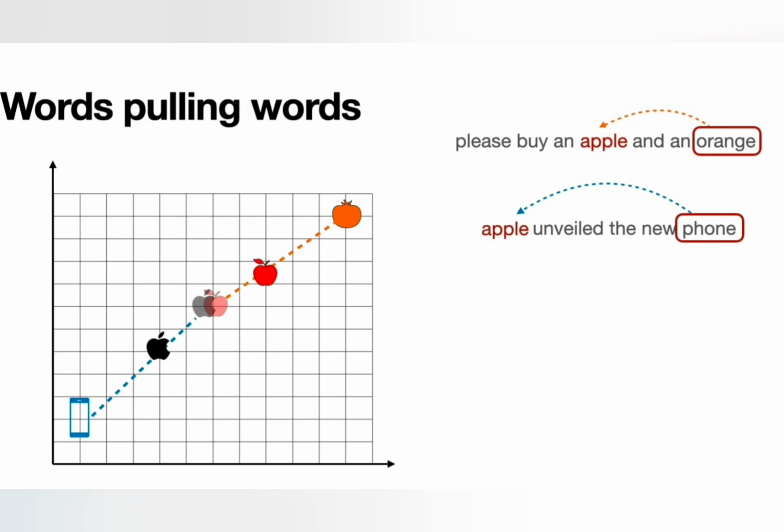Consider sentence two, "Apple released a new phone". Here apple is a company. Apple is the same word but it gives a different meaning. Why? Because the surrounding words pull meaning. You can imagine attention like a gravitational pull between the words.